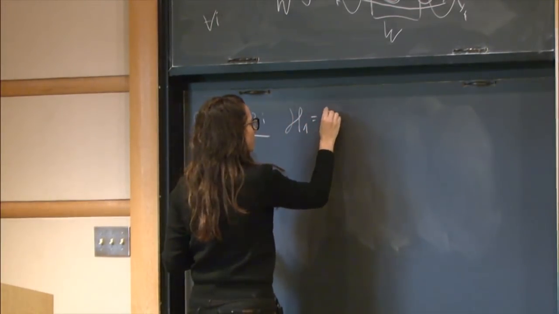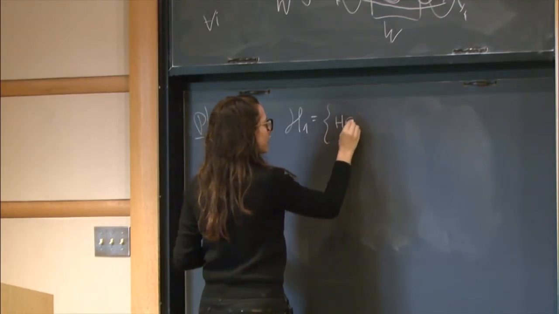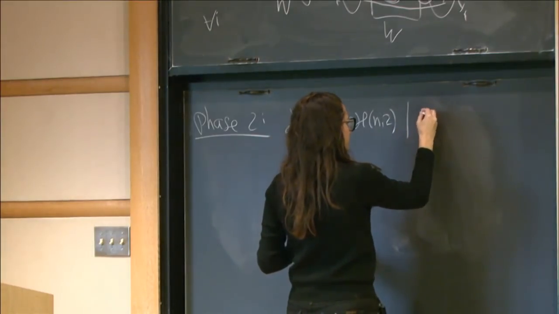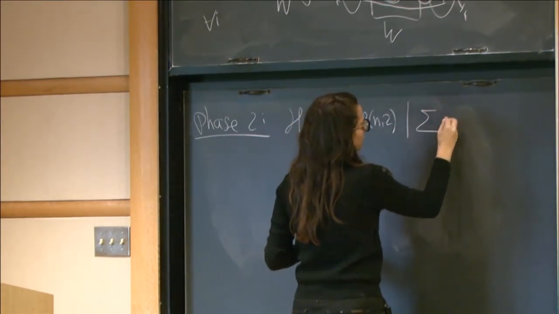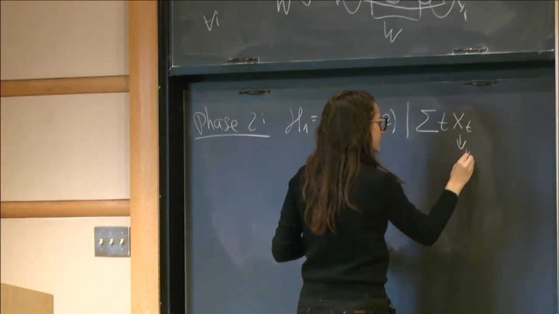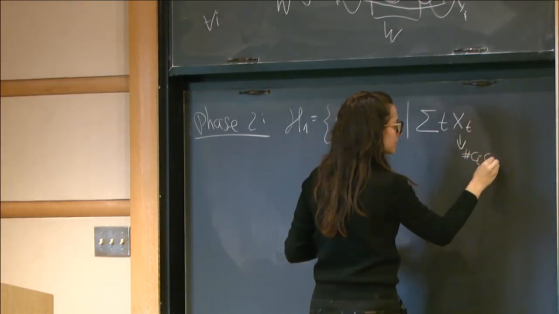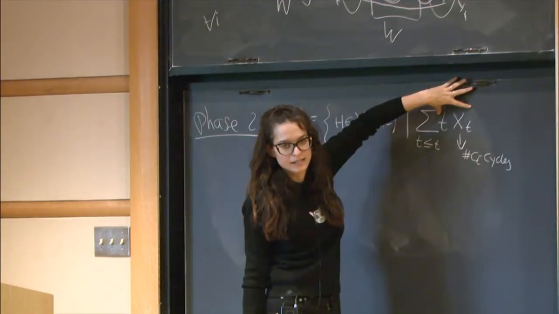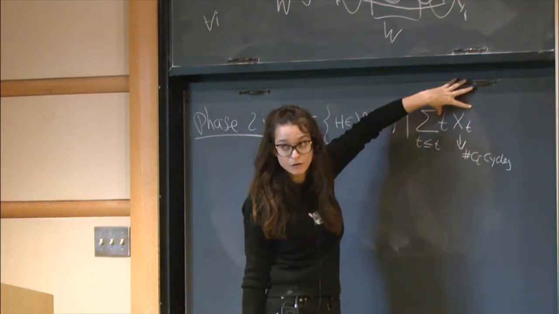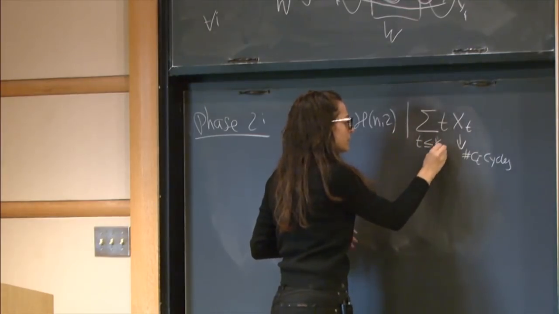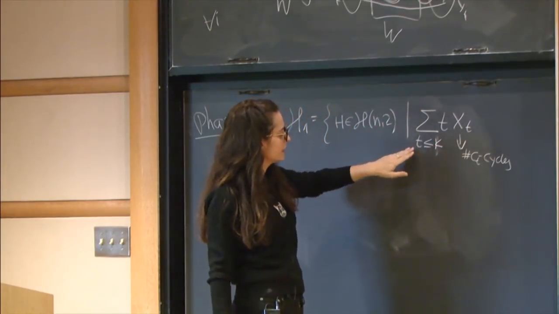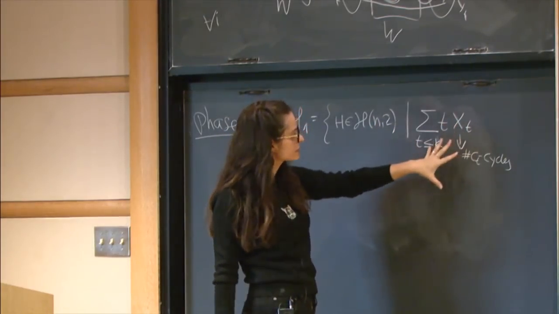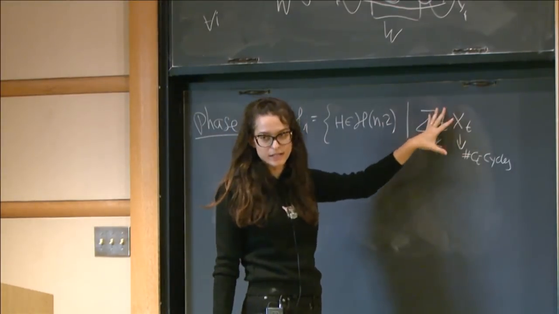So H1 will be all the graphs in H_{n,2} such that, I'll write it like this, x_t will be the number of C_t cycles. So these are the number of vertices in cycles of length t. So if I sum over all cycles of length at most k, this is the number of vertices in cycles of length at most k.